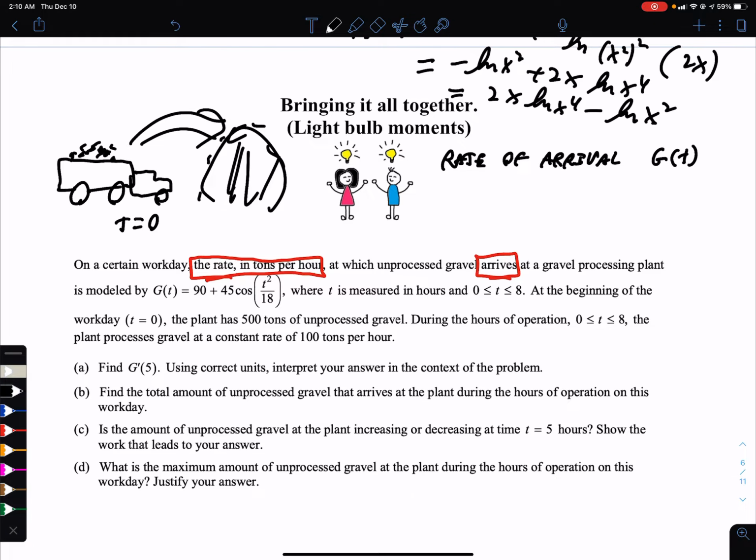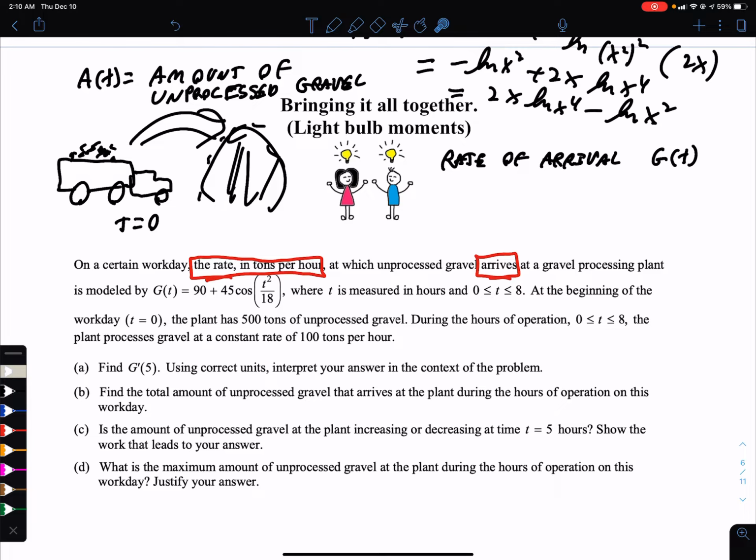So I'm going to put A. A sub t is the amount of unprocessed gravel. So basically, how big is your pile of gravel?